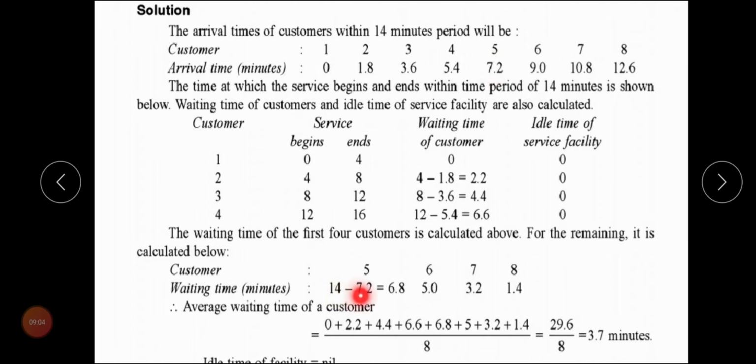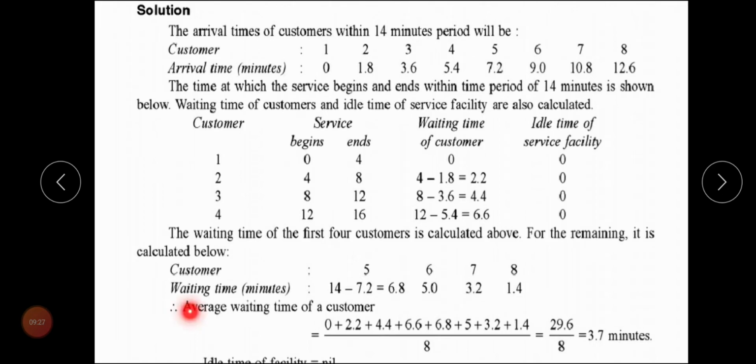So 14 minus 7.2 is 6.8. Then 14 minus 9, 5. 14 minus 10.8, 3.2. 14 minus 12.6, 1.4 is the waiting period for the next 4 customers.